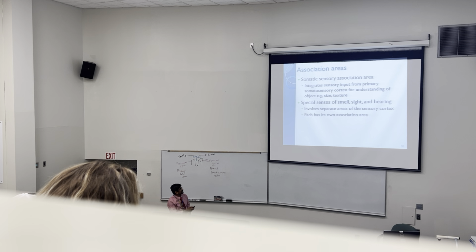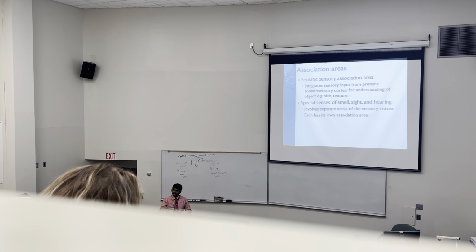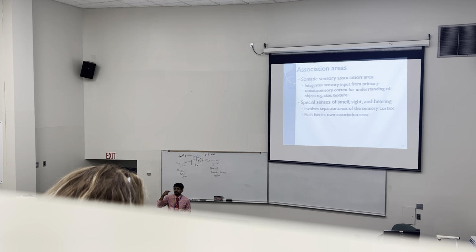So we do have areas which are called association centers, which gives more meaning to those sense of information, right? For example, if you have multiple things in your pocket, you have keys, coins, you can put your hand in your pocket, and then you can grab which one you want without looking, right? Because now you're giving meaning to those sensations that's coming from our fingertips. So we'll talk about them too.